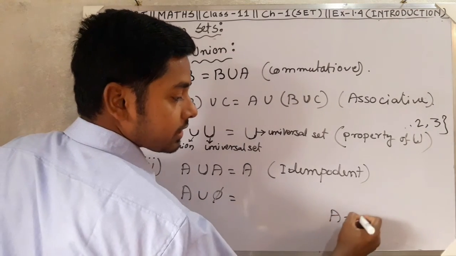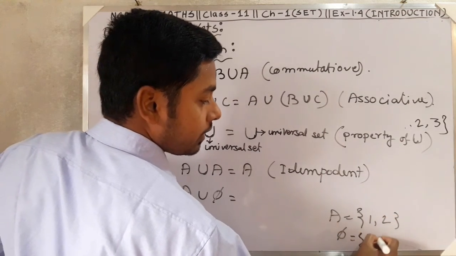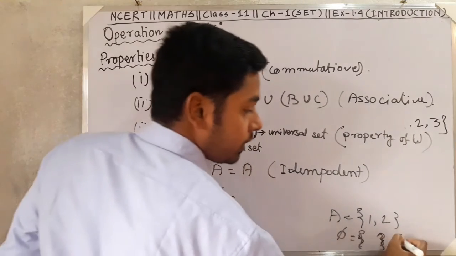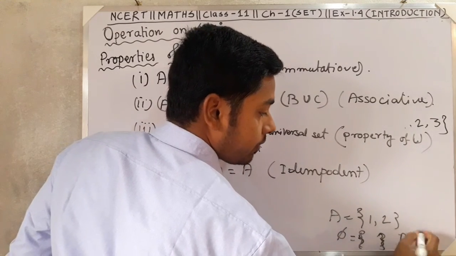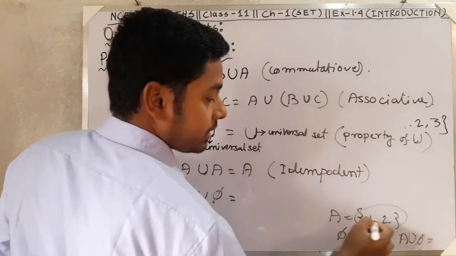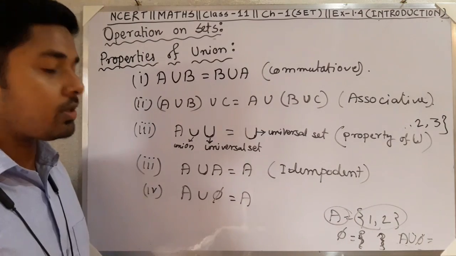So suppose A is equals to 1, 2 and phi is equals to what? Nothing. So what you have to take? A union phi is equals to what? Only these elements. That means what? A. Okay, so pause the video to note it down.